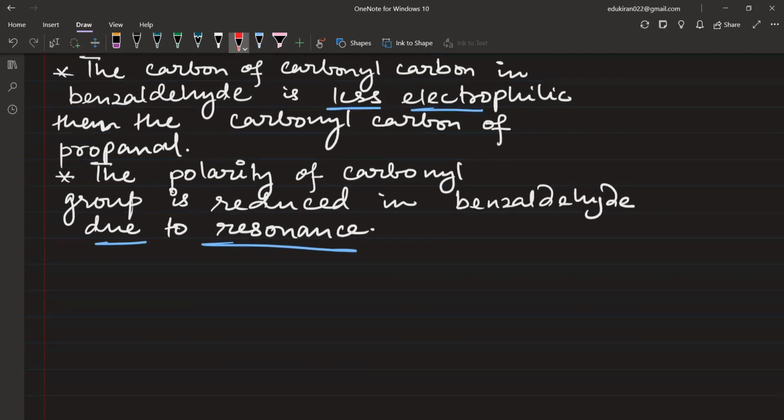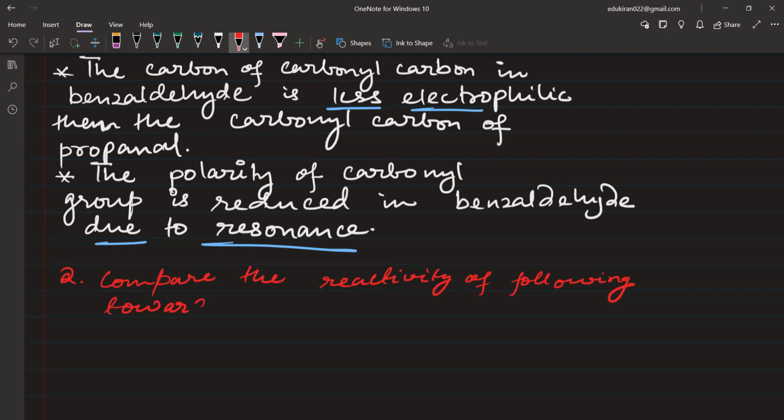Write a question: Compare the reactivity of the following towards HCN. They will not say "nucleophilic addition reaction" directly.